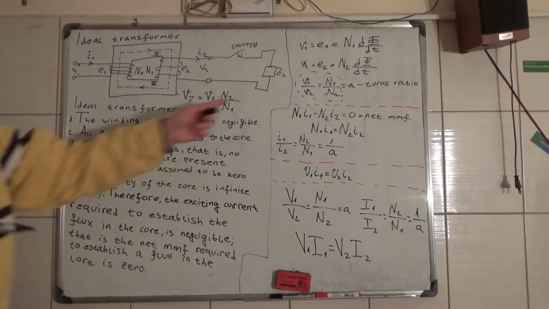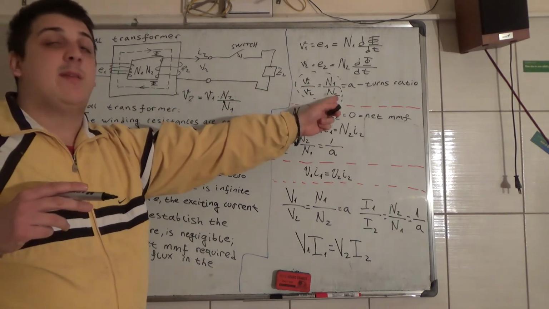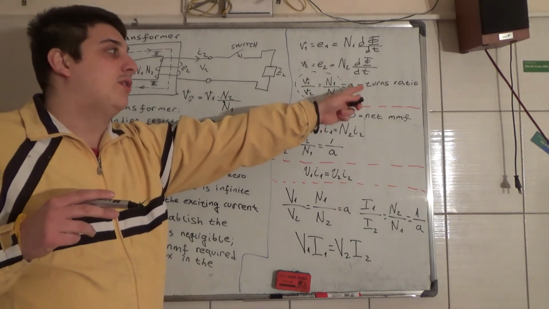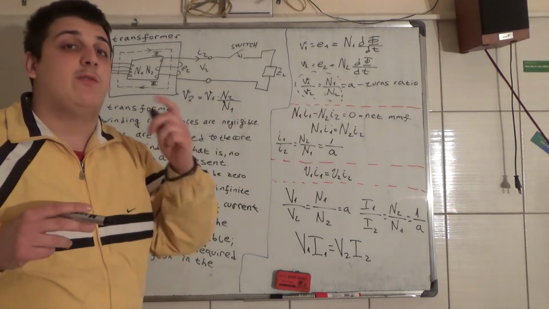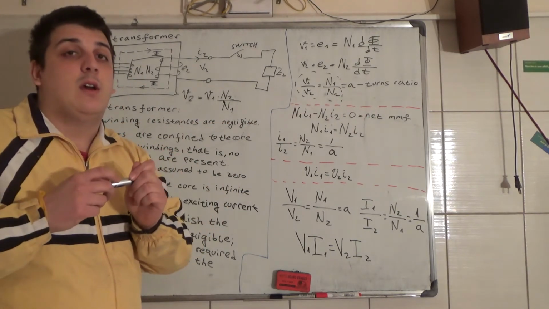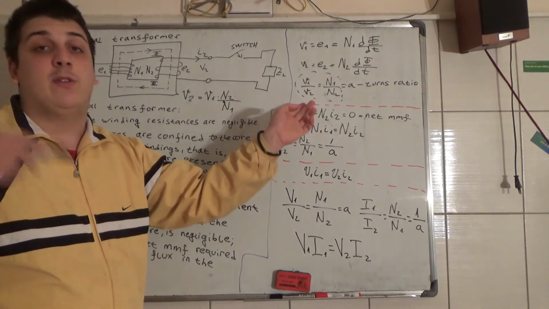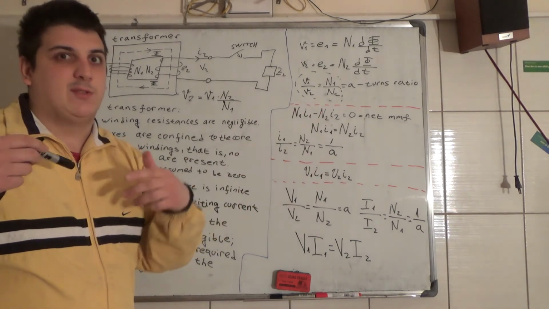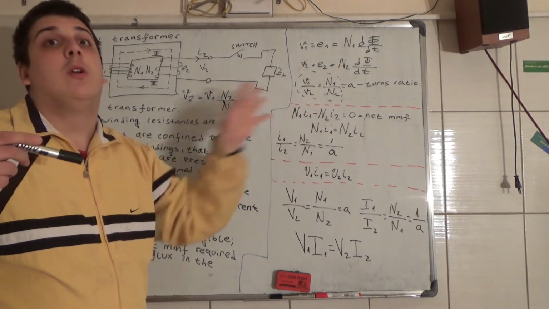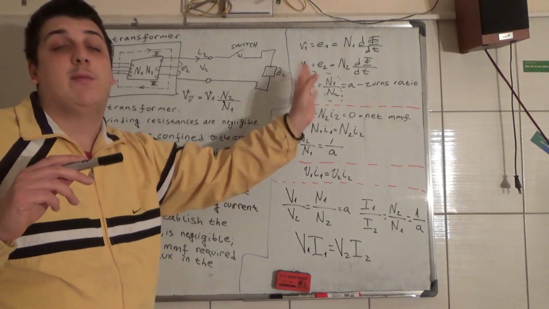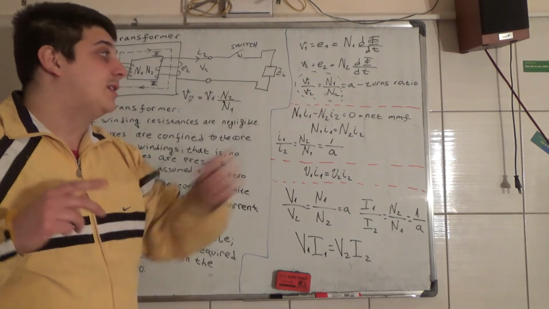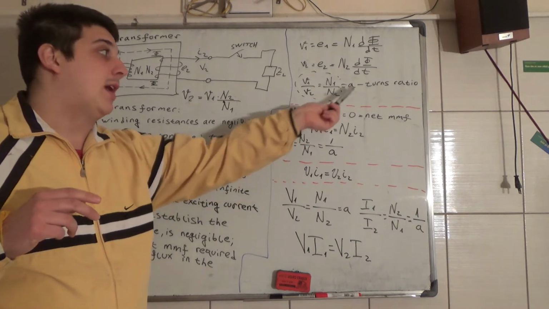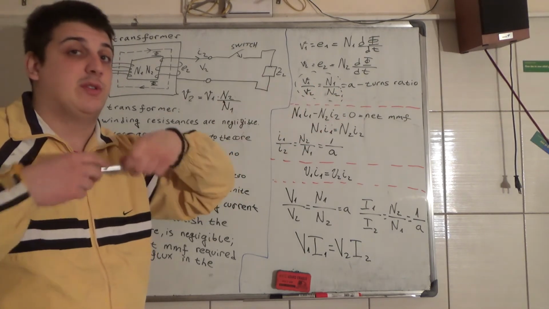And this N1 divided by N2 is called the turns ratio. That is very, very important in transformers, and in real transformers this is pretty much the same formula. So this is a very, very important formula, and this a is called the turns ratio.